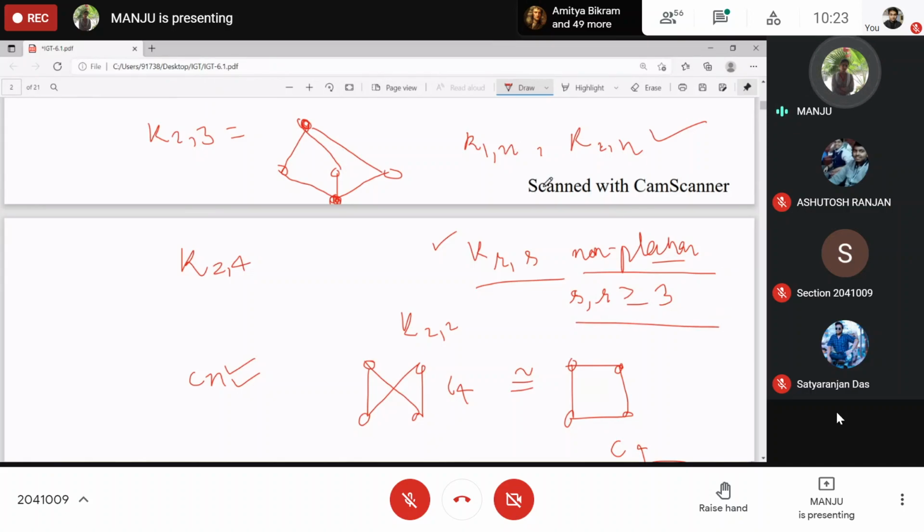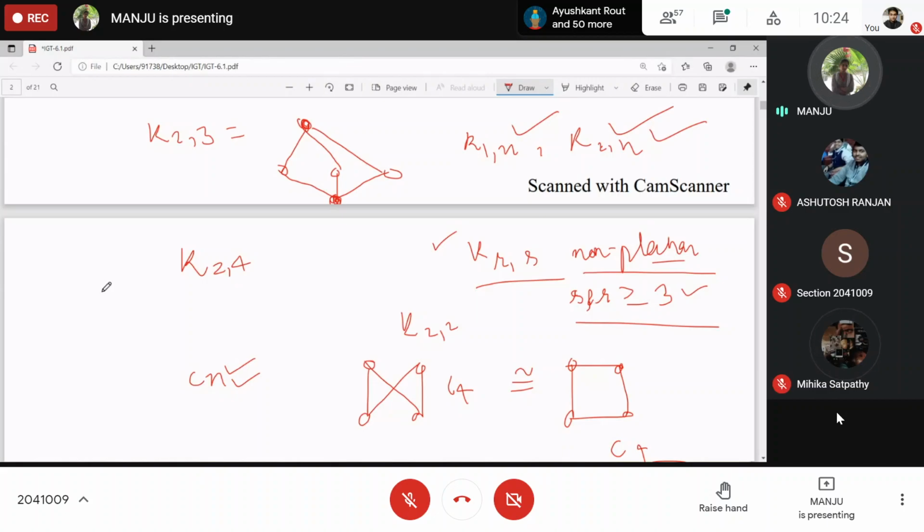If one is less than 3, then it is planar, right? Both numbers r and s greater than or equal to 3, it is non-planar. Clear?